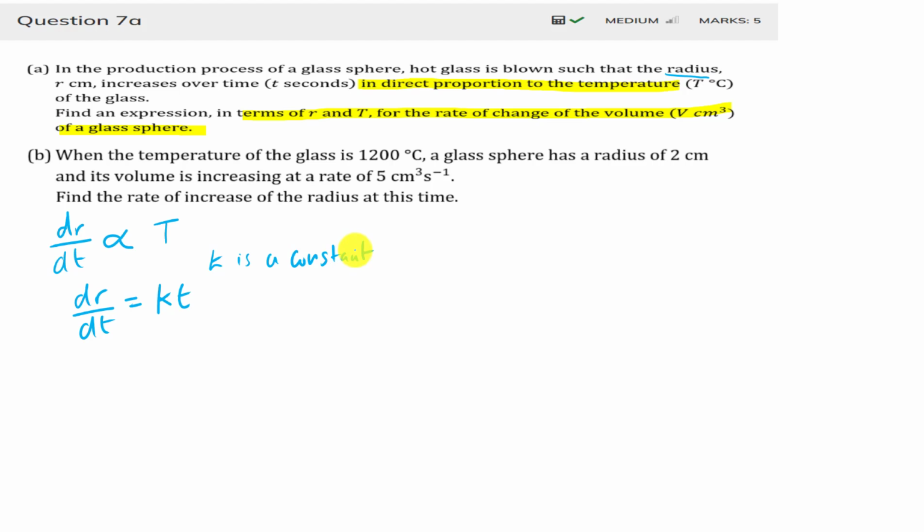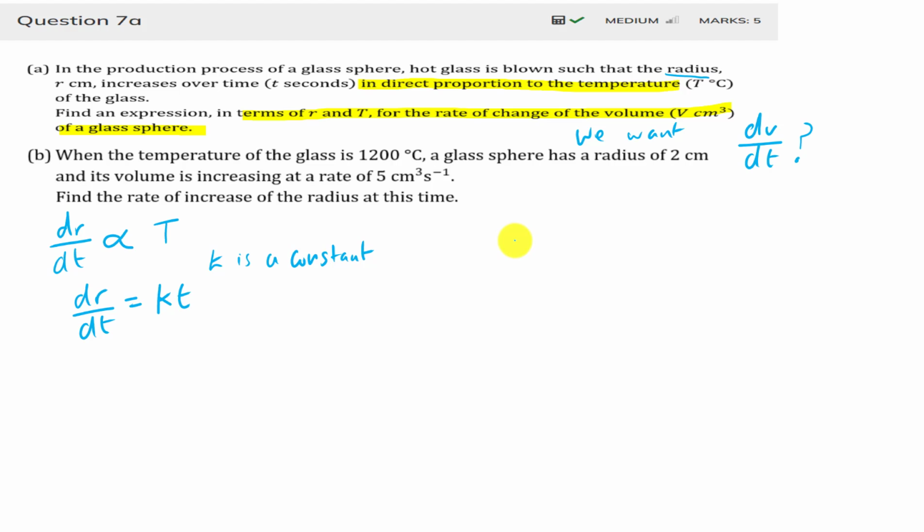Now, what the question's asking for is dV/dt, which is the rate of change of volume of this glass sphere. So that's what we want. But we've got dR/dt.